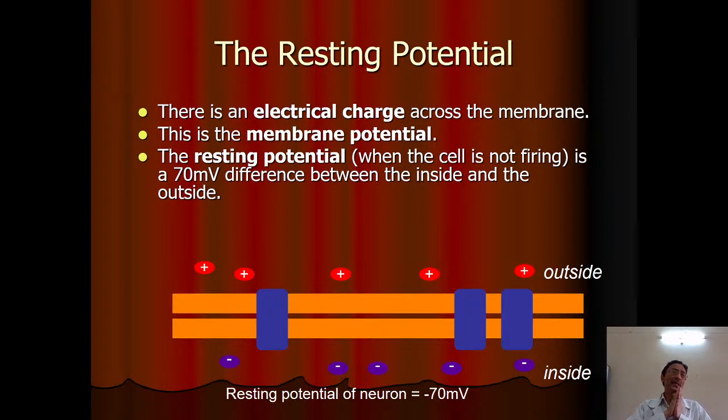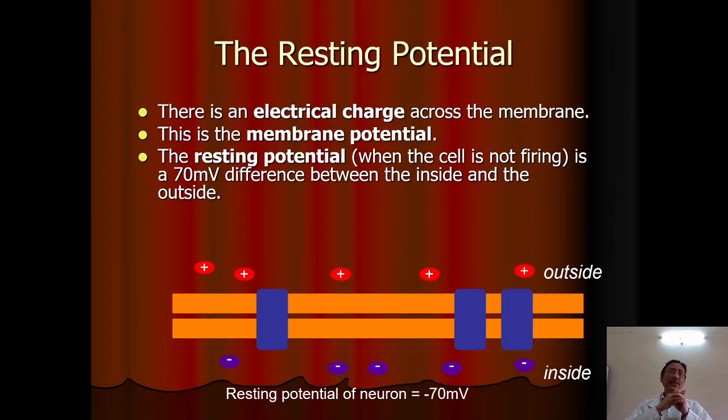In addition, the inside of the cell, whether a muscle tissue, a nerve tissue, or a normal ordinary cell, consists of large molecules of proteins and amino acids. These proteins and amino acids are negatively charged and cannot pass across the membrane.